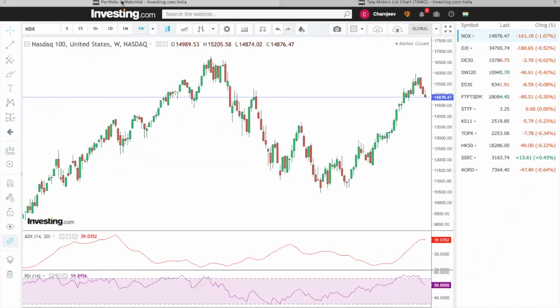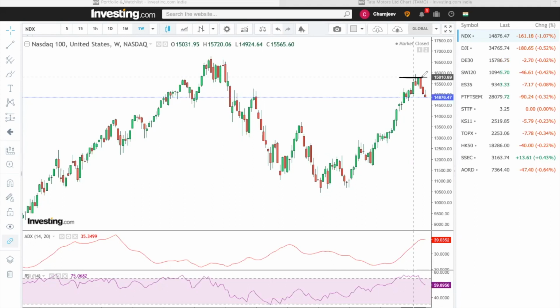So what do you think will be the next level in the NASDAQ index? Let's assume about a 60% correction. I think economists will term it a bear market.